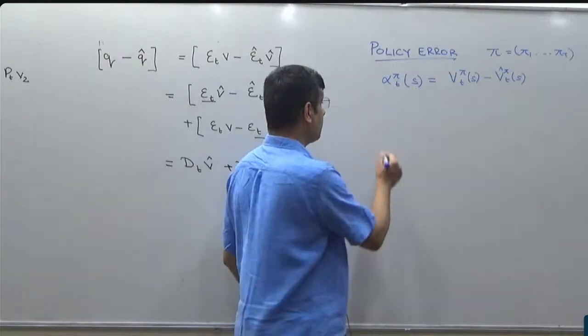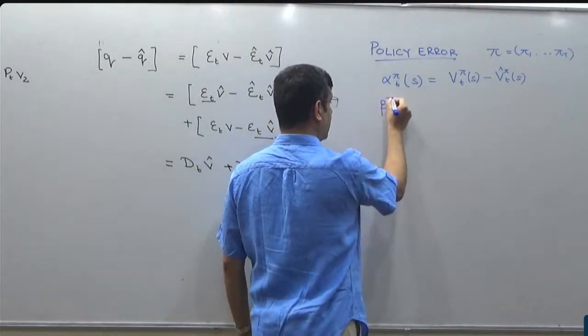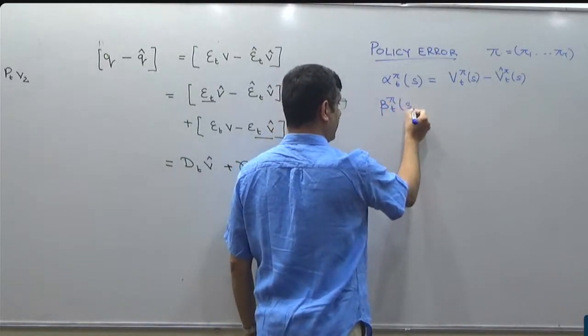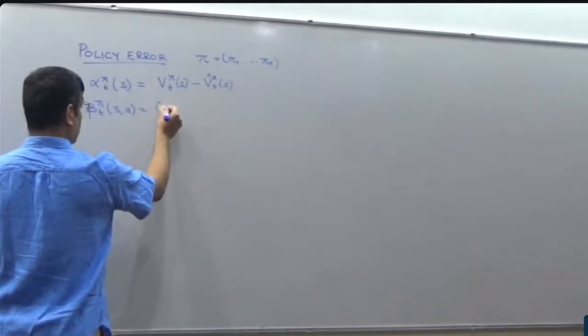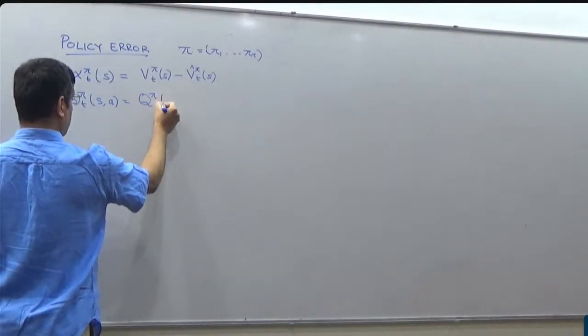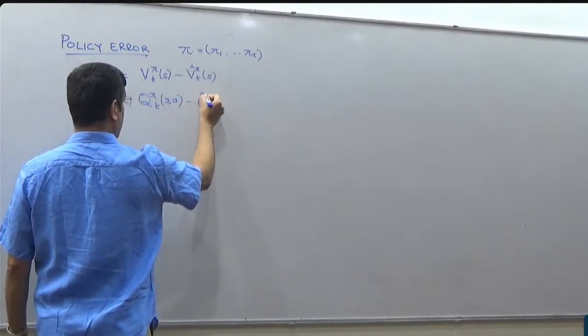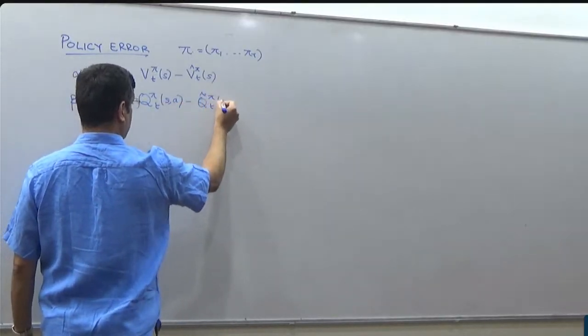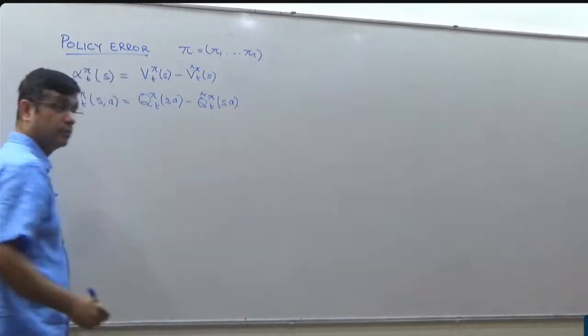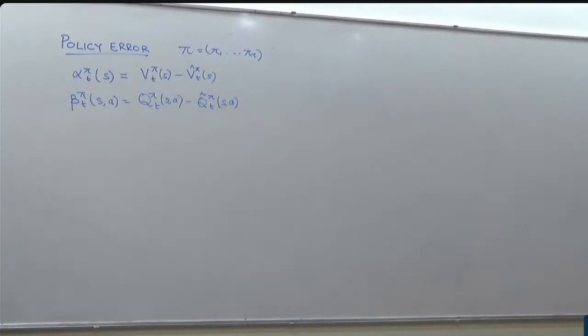And I am going to define beta pi_t of s and a to be equal to q pi_t of s, a minus q hat pi_t of s, a. In the sup norm case, essentially what we were defining there can be thought of as norm of alpha pi and norm of beta pi.